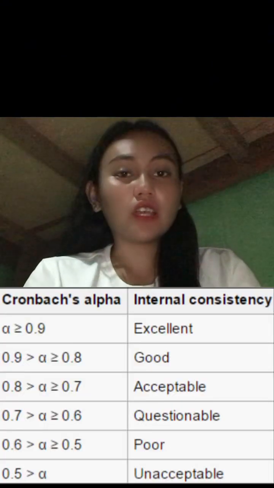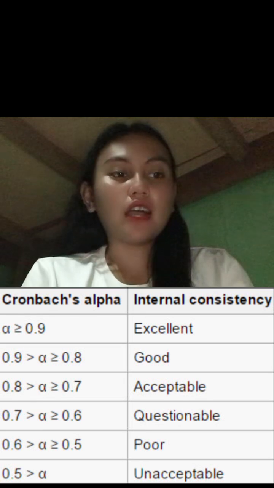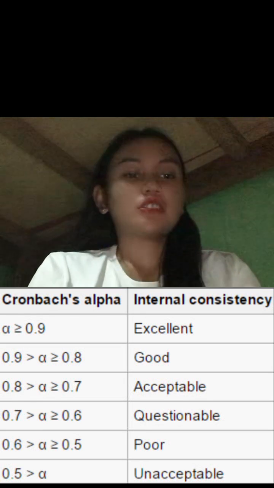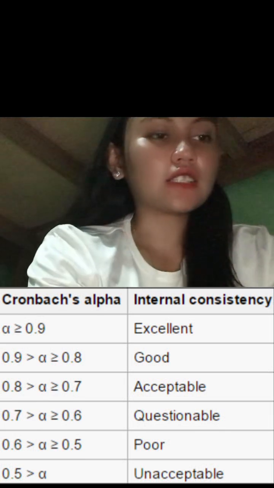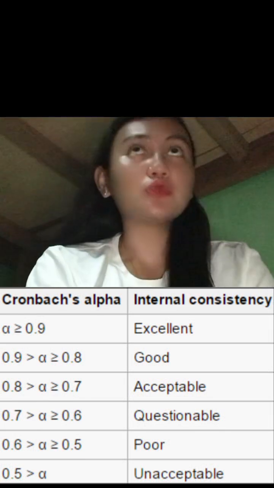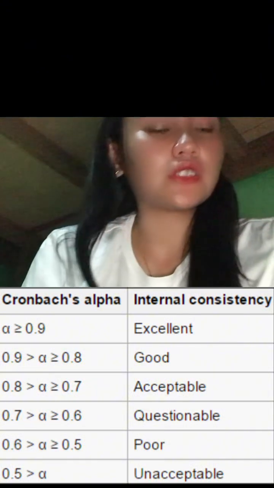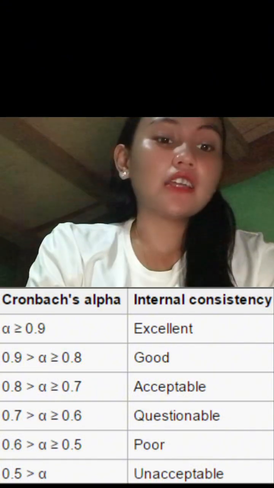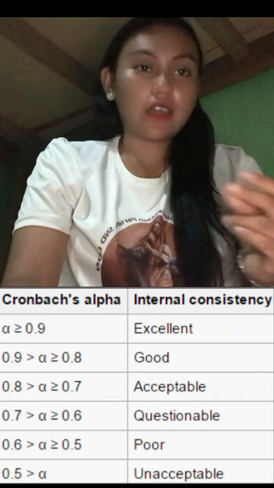Internal consistency can also be called the Cronbach's alpha method. This is the actual calculation we'll do to put a number on this idea of internal consistency. When we solve using the Cronbach's alpha method, if the result is 0.9, the internal consistency is excellent.